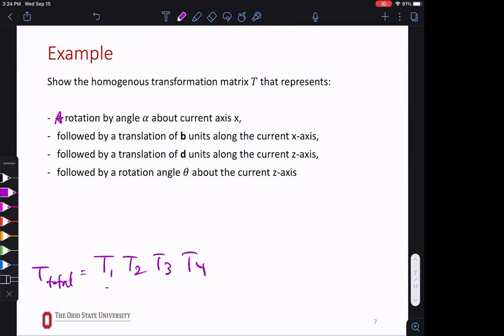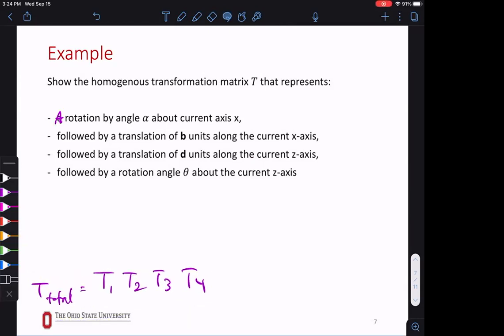So you can leave it as 4x4 matrix. You don't have to actually multiply all 4 of them. I want you to write out what is inside the 4x4 matrix for each of them.